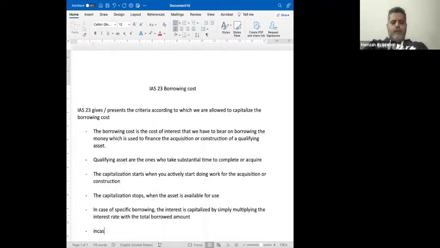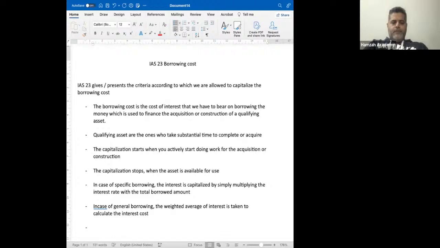And then in case of general borrowing, the weighted average of interest is taken to calculate the interest cost, right?